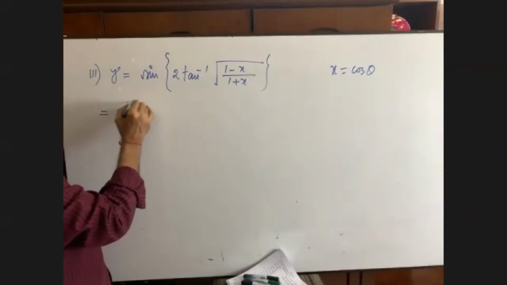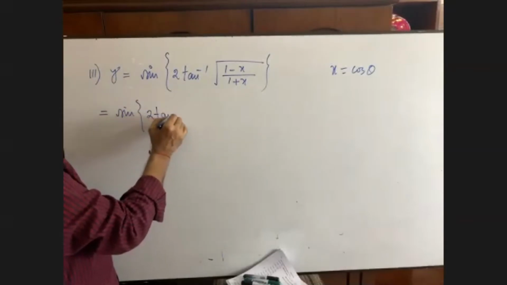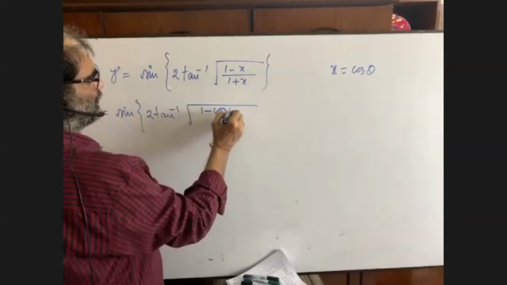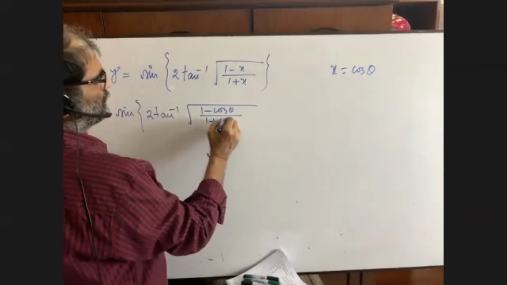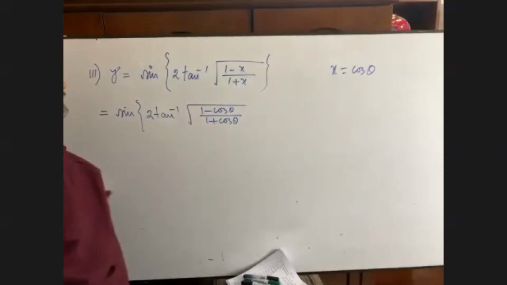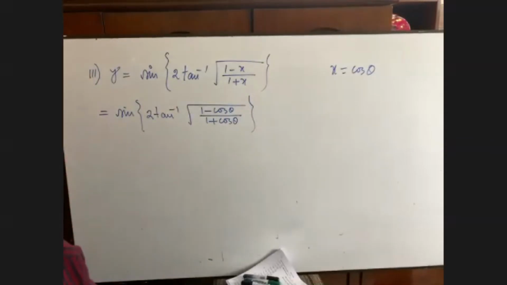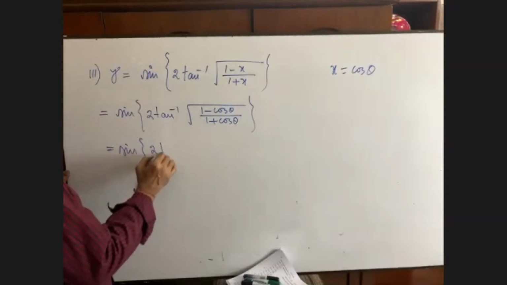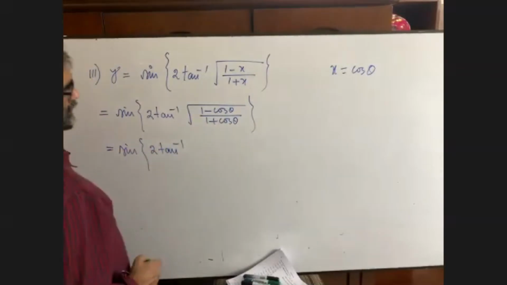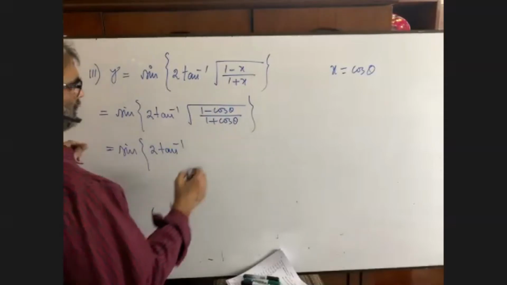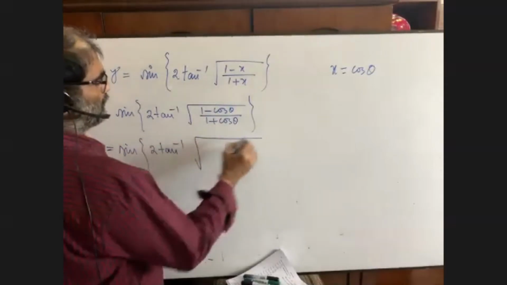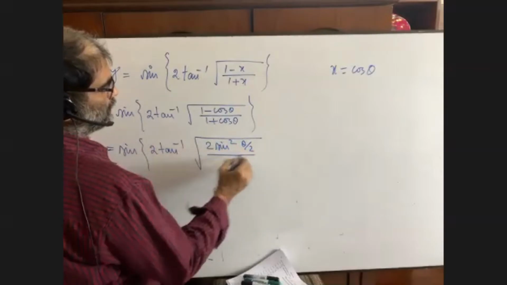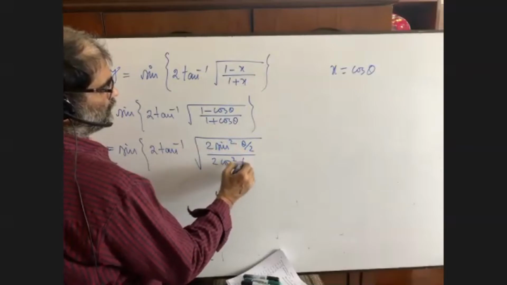Sine 2 tan inverse root over 1 minus cos theta by 1 plus cos theta, right? Is equal to sine 2 tan inverse. What will be this value? Root over 2 sine square theta by 2 by 2 cos square theta by 2.